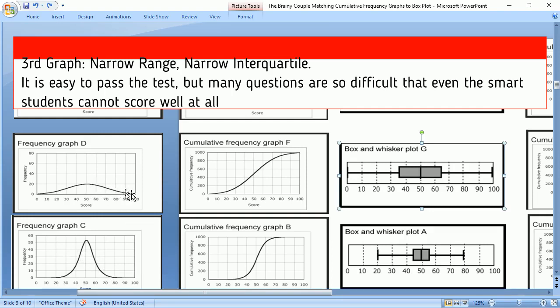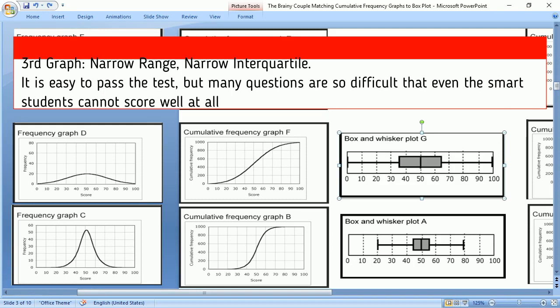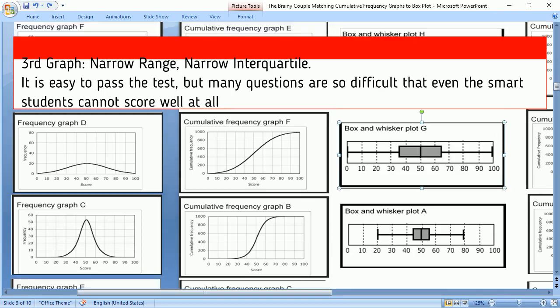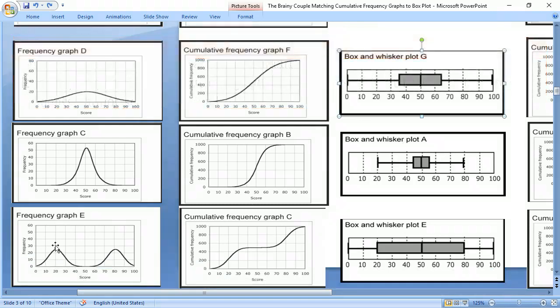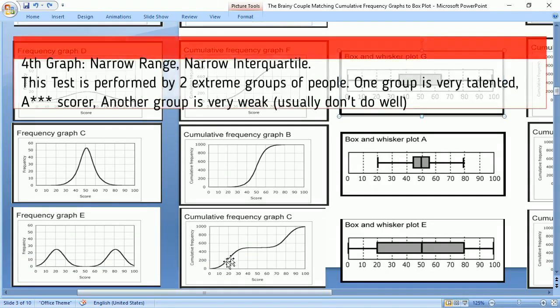This would be a test which is not that difficult, meaning you can score, but also not that easy, meaning even the smartest people cannot score well for it. Compared to here, you can see that smarter people score better, but looking at the other, most of the smarter people are able to score, while here the smarter people are not able to score as well.